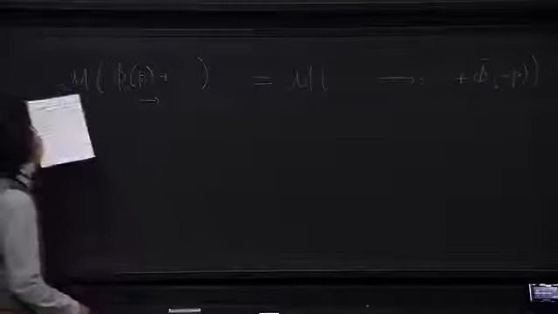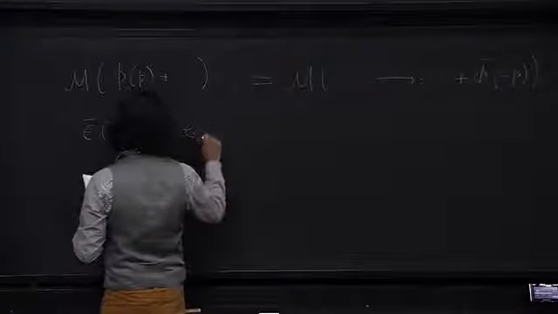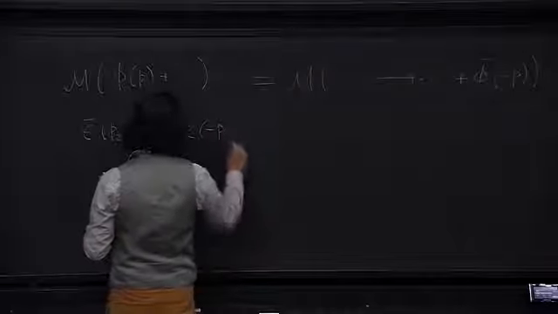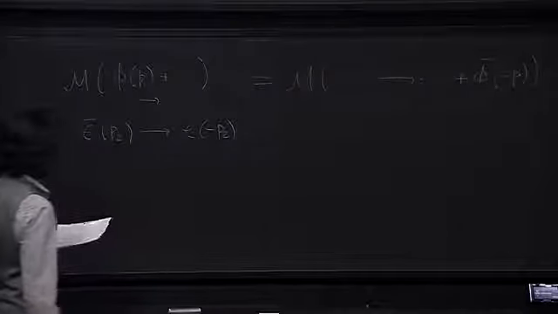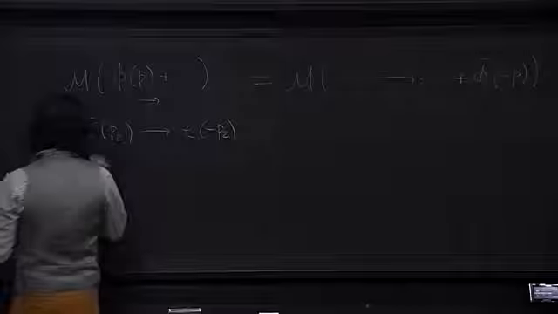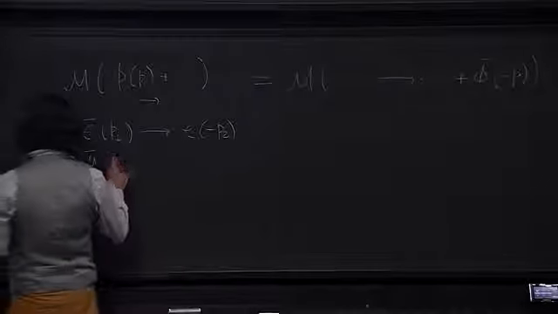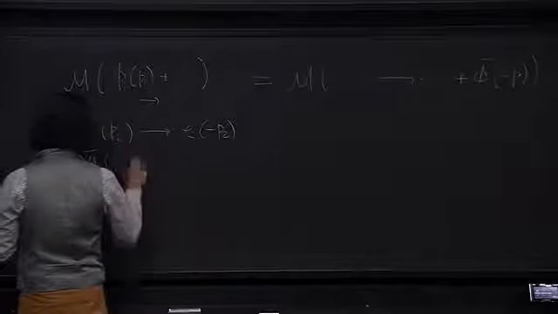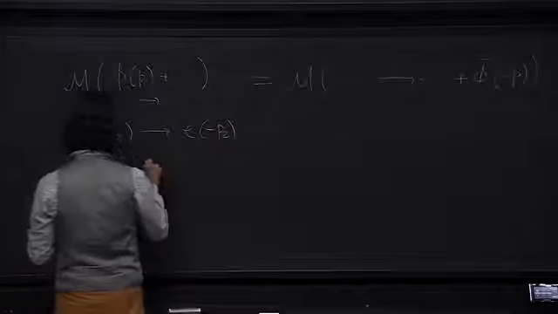And the way that we apply this formula to our case is that we take our positron in the initial state and we replace it by an electron in the final state. We do two replacements, so we use this formula twice.